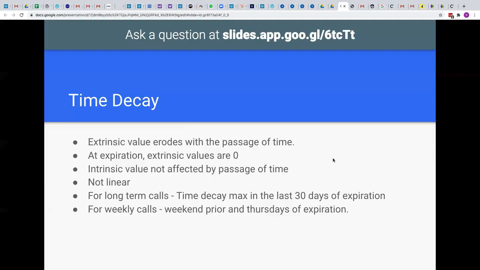What happens is on the weekly calls, every Thursday, a fresh set of calls for the next week comes up, and the calls for this week will get time decay. So that is what happens on a Thursday evening. Thursday morning, you will be able to trade the next week's calls.